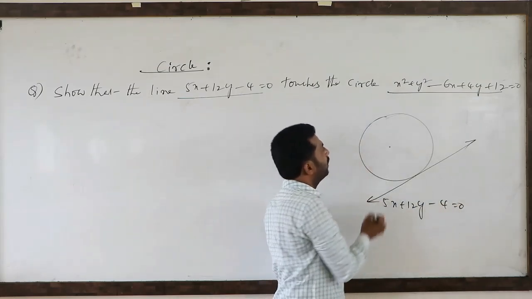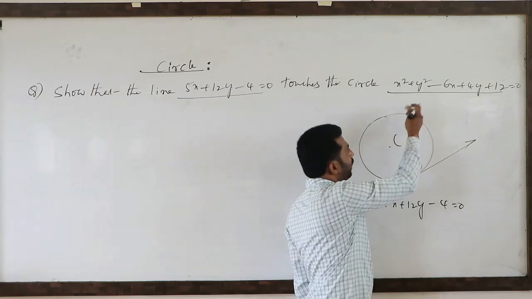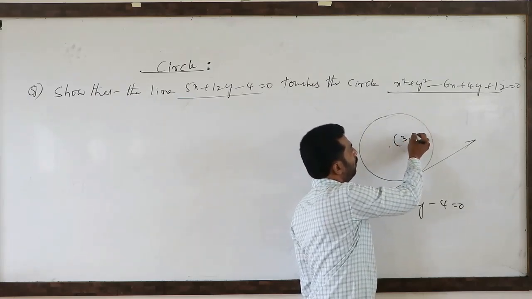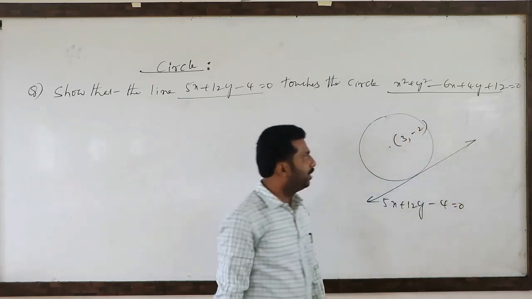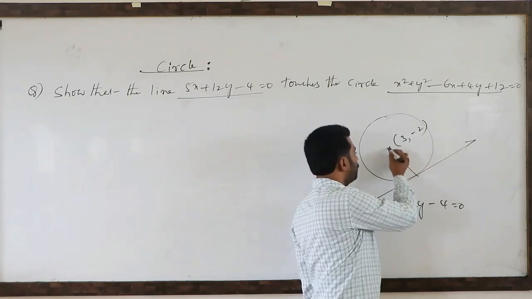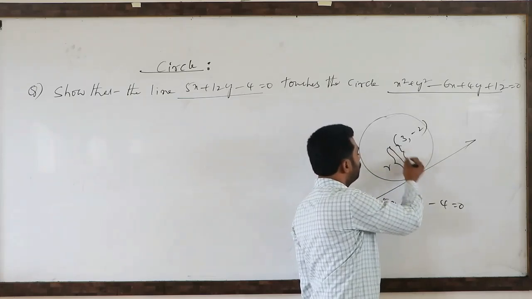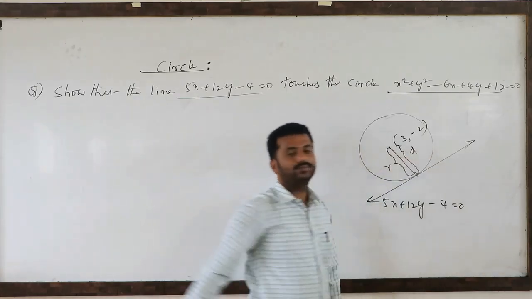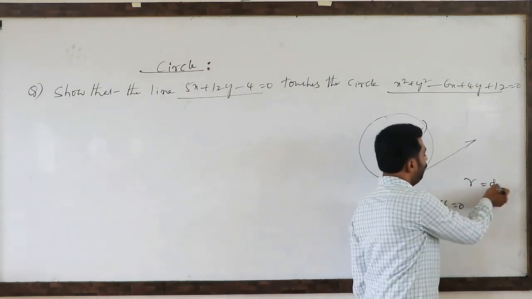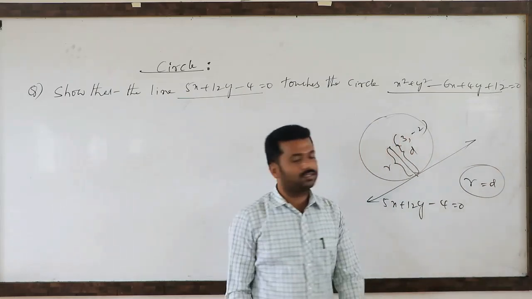This is the given circle, whose center is the x coefficient divided by minus 2, which is 3, and the y coefficient divided by minus 2. This is the radius. This is the perpendicular distance. Our aim is r equal to d. If you substitute, your answer will be over.